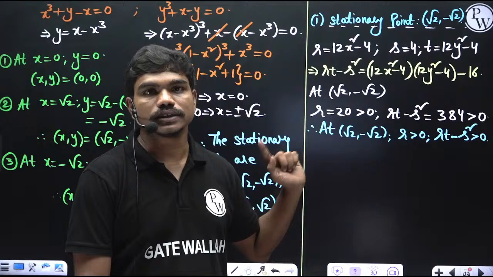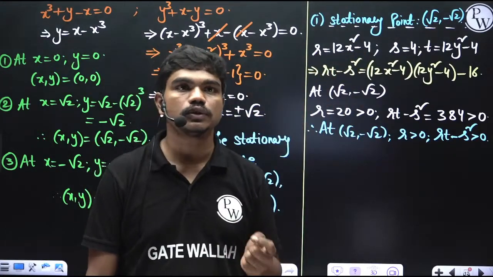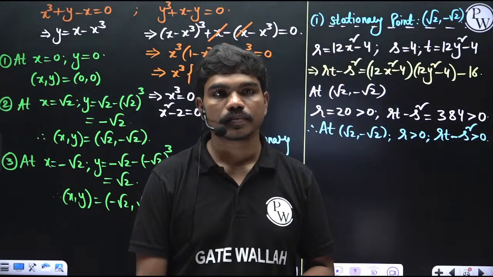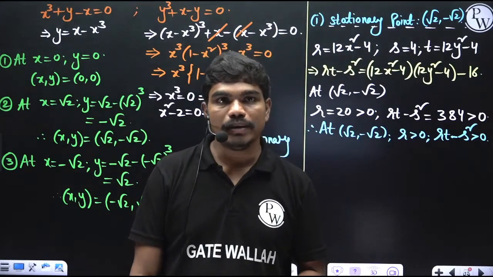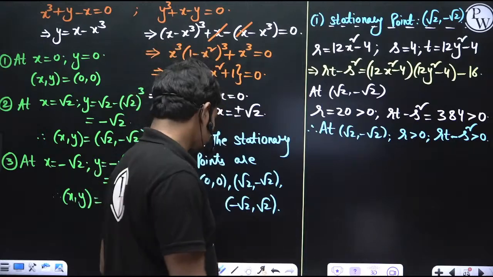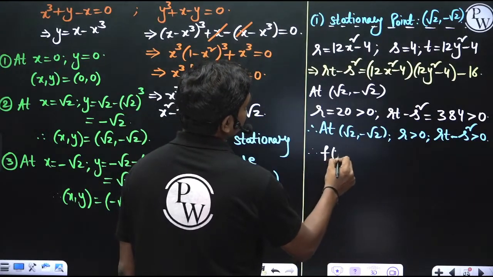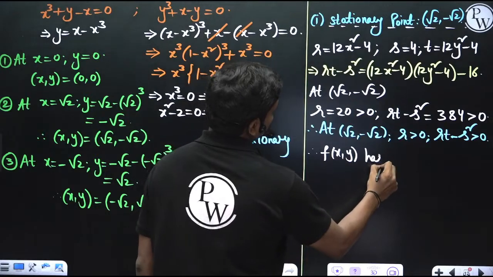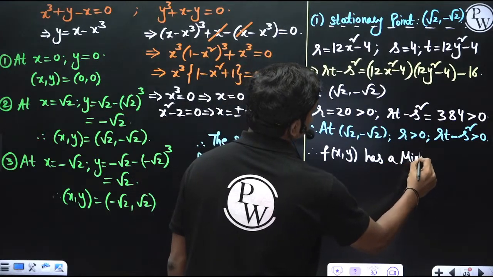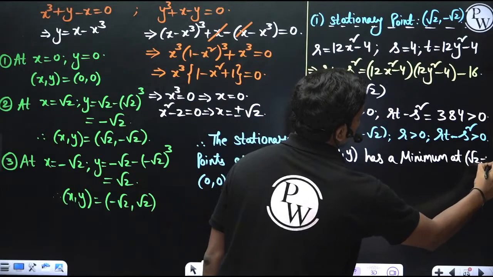Can someone quickly comment on what is the nature of this stationary point, square root of 2 comma minus square root of 2? Minimum, right? So it has a minimum at that particular location. So therefore, f of x comma y has a minimum at root 2 comma minus root 2.